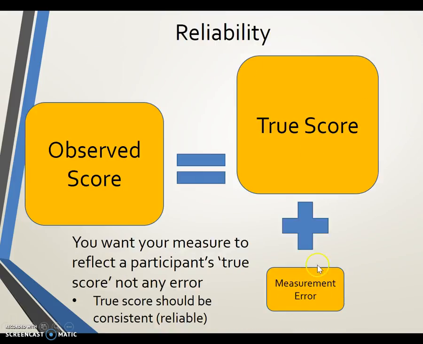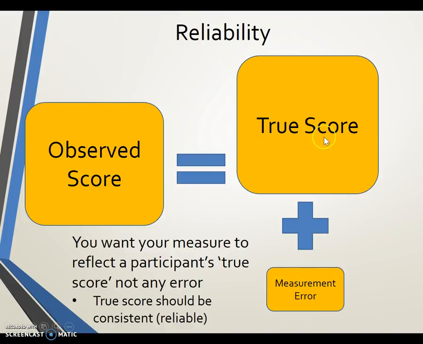So you want to shrink that measurement error as small as you can get. So you want to make sure that the observed score is getting true score and not error. So if your real IQ is 106, you want your test to tell you that your IQ is 106. So you want no measurement error or very little measurement error.